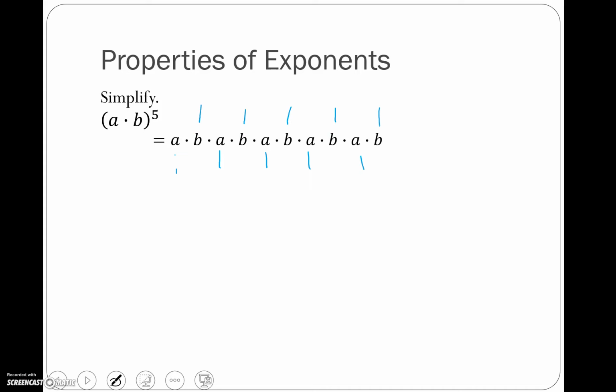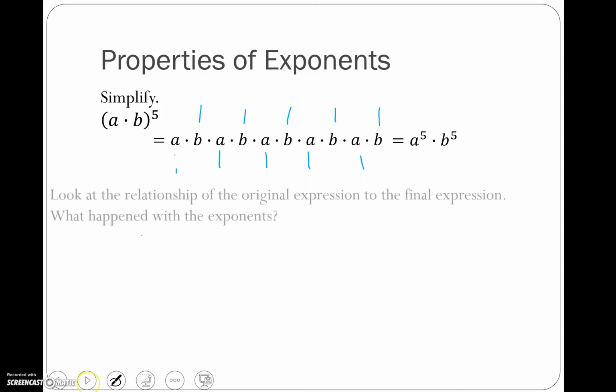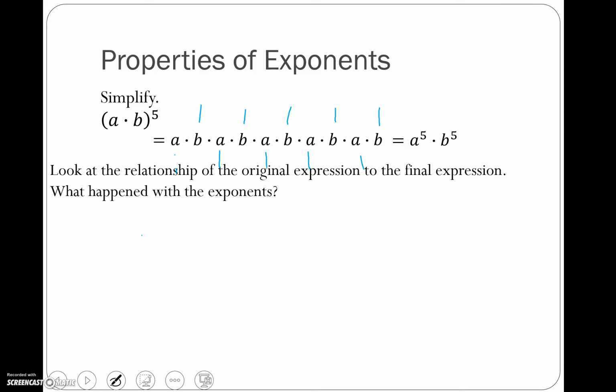If we're multiplying the same bases, we're going to put those together. So what I end up getting is a to the 5th because I have 5 of them, and b to the 5th because I also have 5 of them. And what I'm seeing here for the relationship going from this first one to the next one is that this 5 is being distributed to both of those things here.